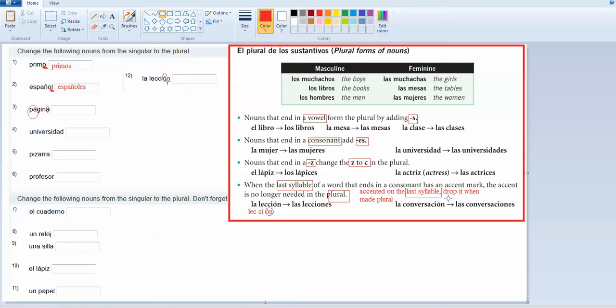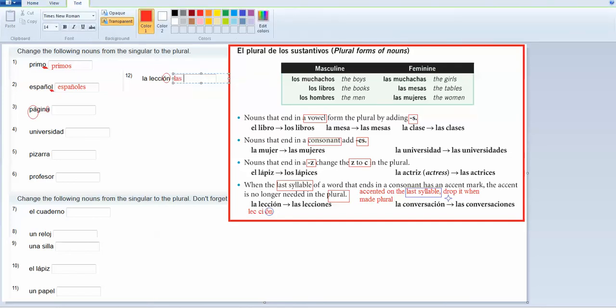Lección is accented on the last syllable, so I'm going to drop it. So if I do la lección, I would do las lecciones, dropping the accent, but if I do página, it's going to be páginas, keeping the accent.